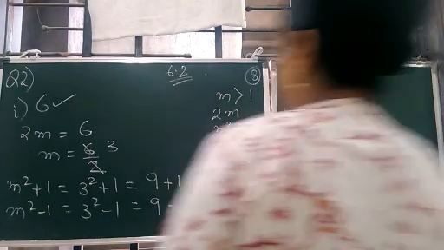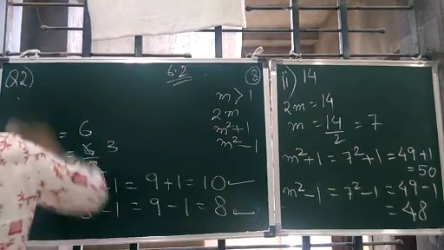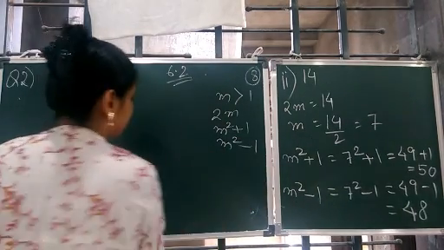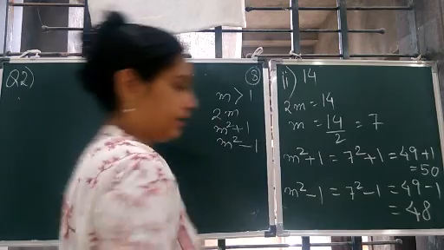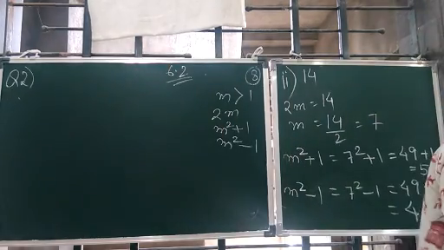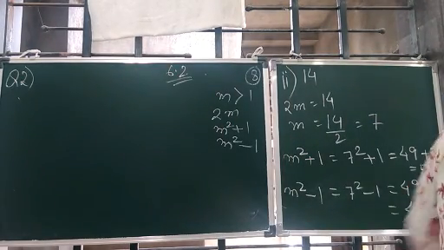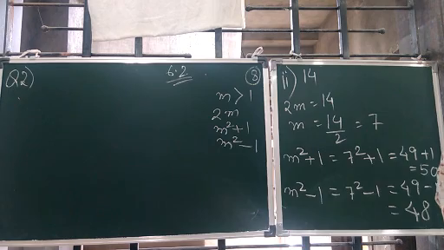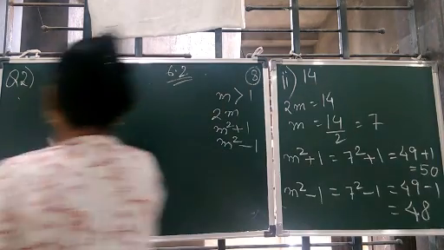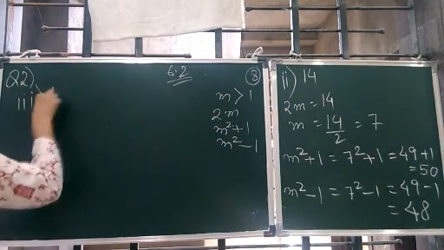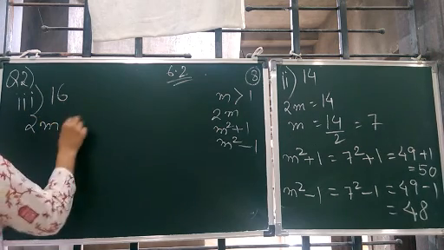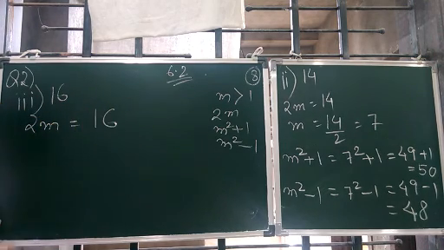Then we go to the third one. Children, write this at the side, okay, so that you remember. Third one is 16. 16, that means the first member 2m is equal to 16.